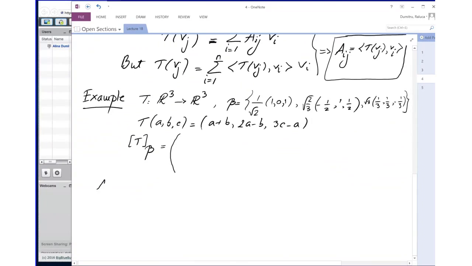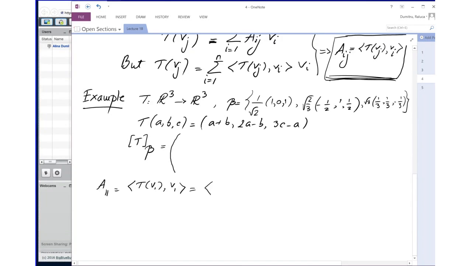Okay. A11 is the inner product between T of V1 and V1, right? According to this formula above, this one here. So A11 is T of V1 inner product with V1. T of V1 is what?